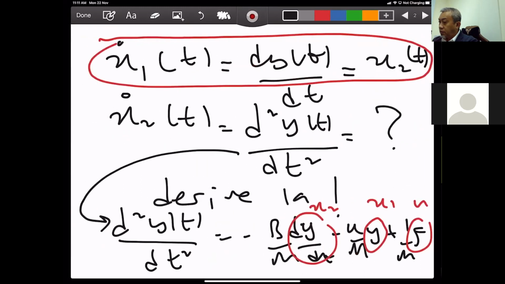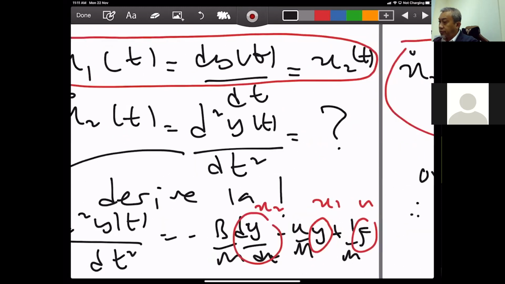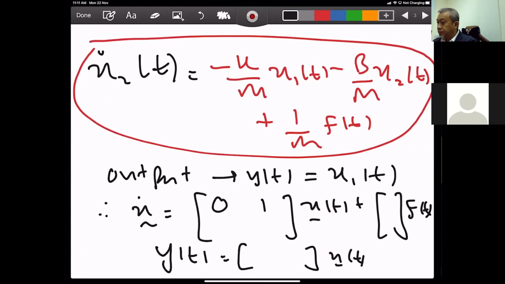So x1 dot, x2 dot equals the matrix: 0, 1, minus k over m, minus b over m, times x1, x2, plus 0, 1 over m times u. And then y of t is 1, 0 times x.